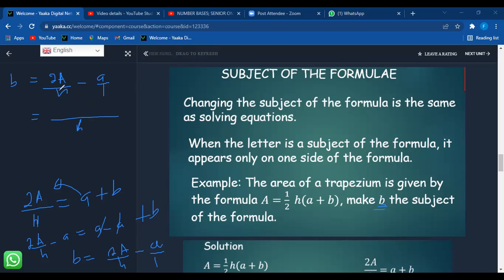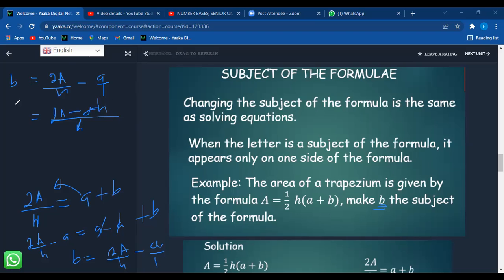So h divided by h gives us 1 times 2A. That would be 2A. Then h divided by 1 times a, it would give us ah.